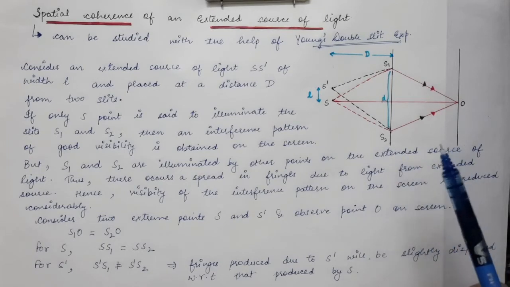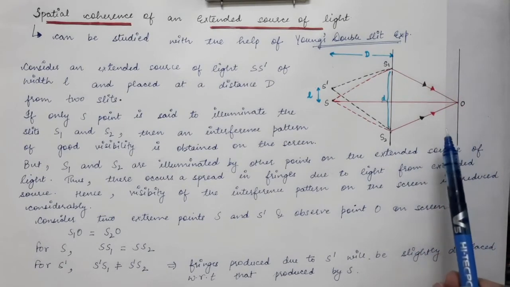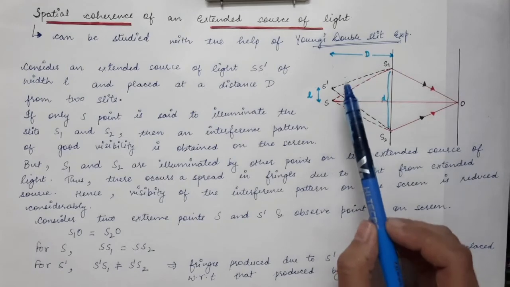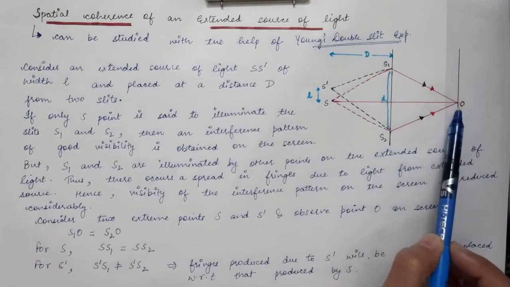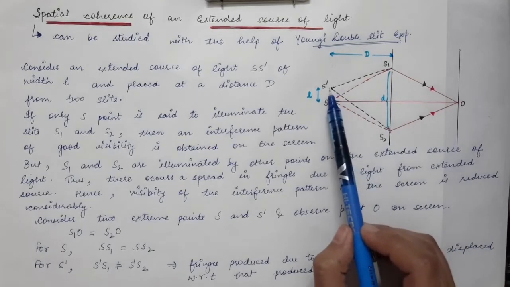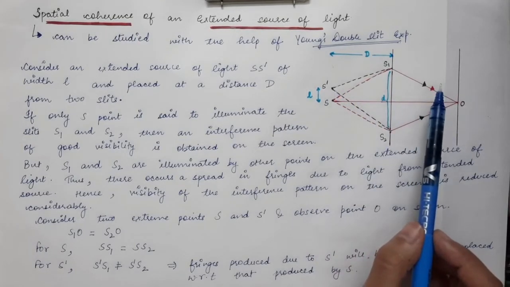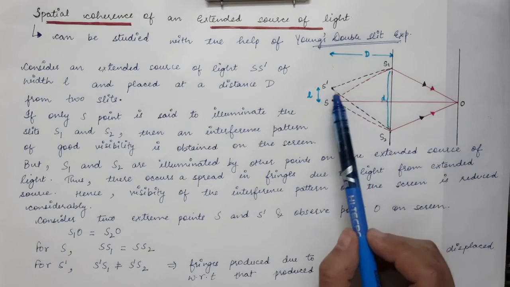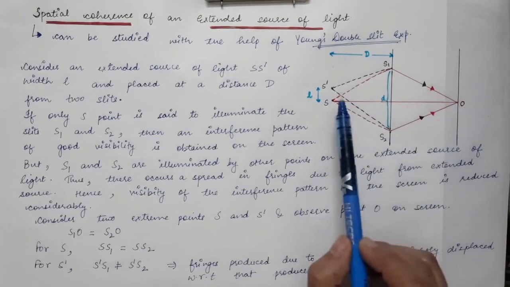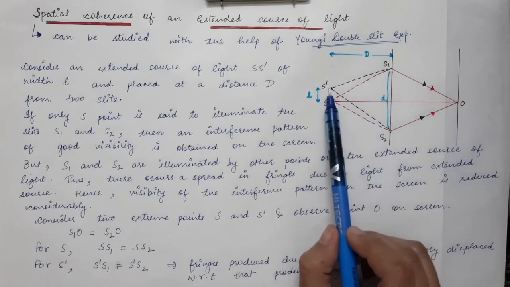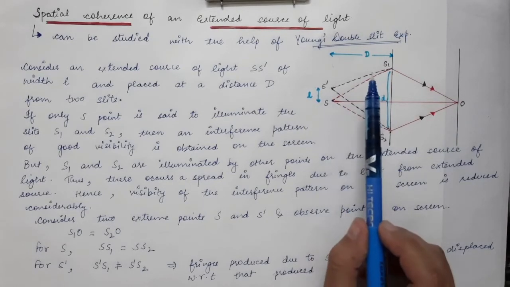In that case, the interference pattern will vanish only when the path difference between the light rays reaching point O from the S' point source is equal to lambda by 2.